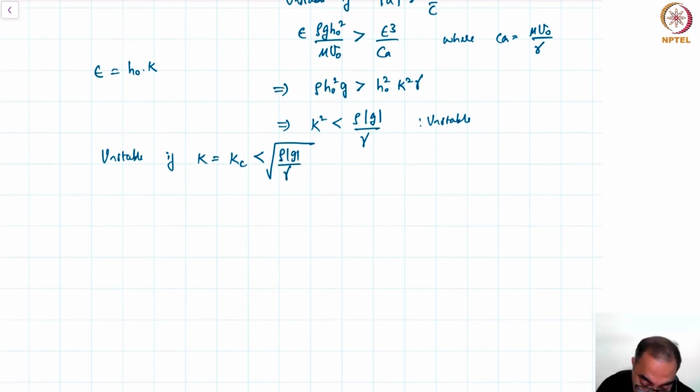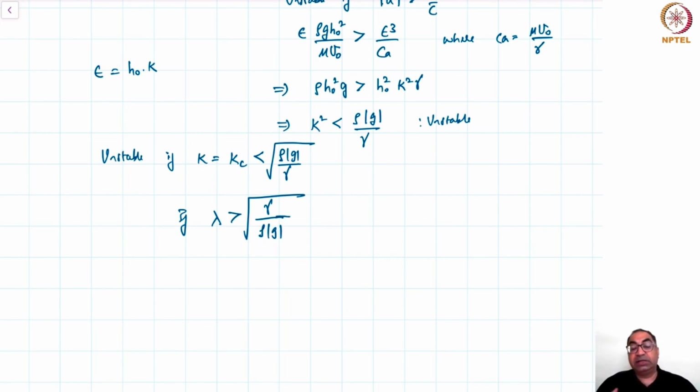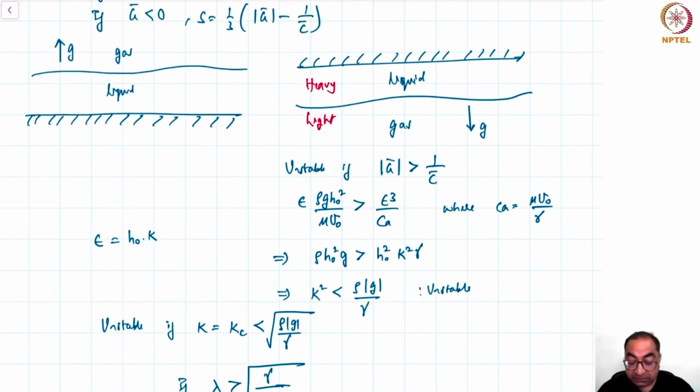Okay. So we can come up with a dimensionless variable called the Bond number from this calculation, but I will skip that for this moment. It means that if the wavelength is larger than gamma by rho g, if waves are larger than a certain wavelength, gravity will contribute to the film becoming unstable, provided we have this inverse configuration.